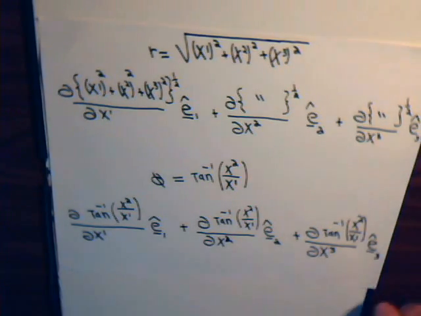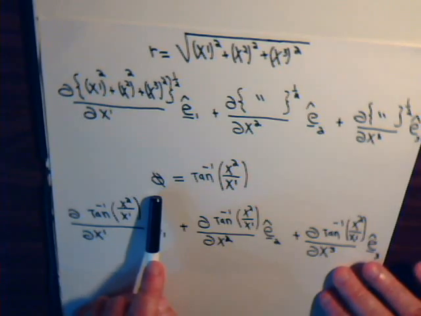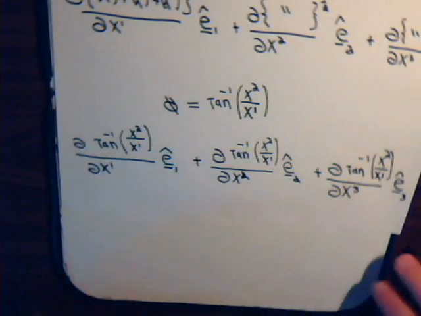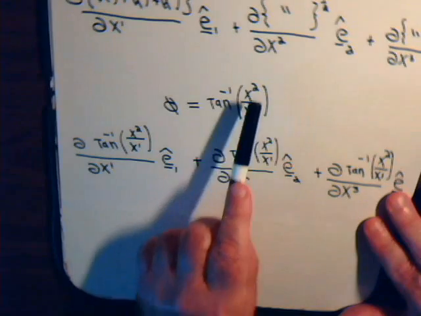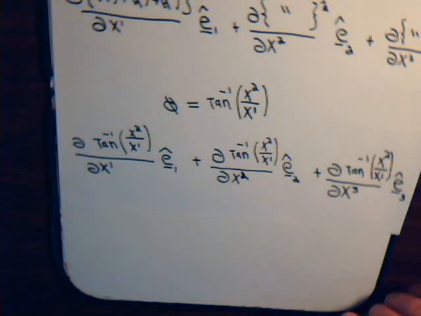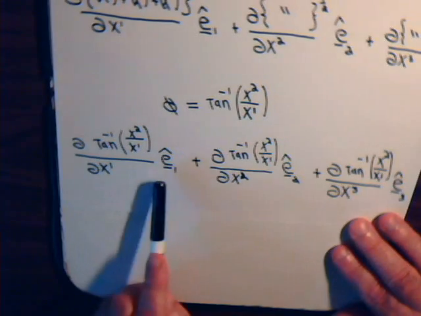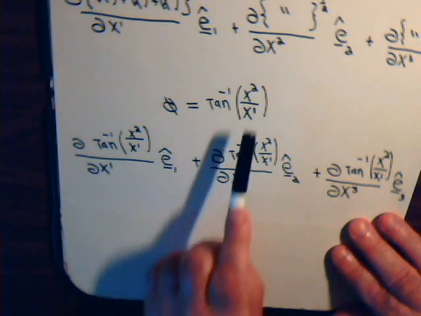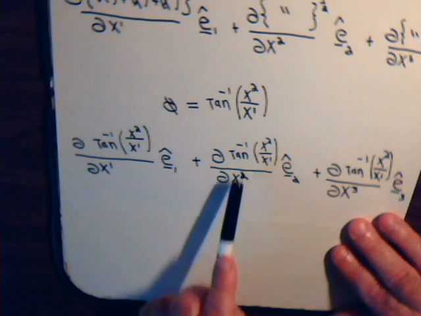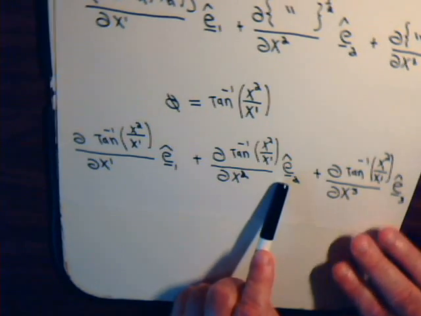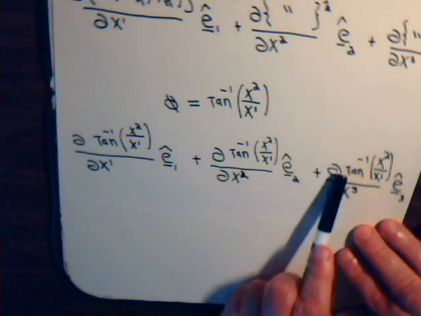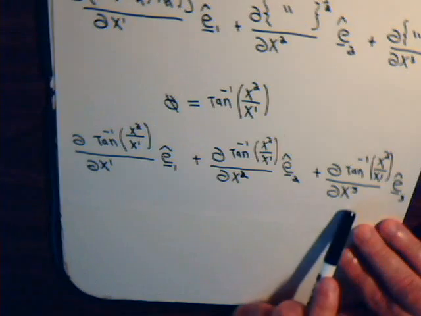Or we could take the angle psi. This is how we express it in terms of the Cartesian coordinates. We can take the partial of this with respect to x1 times that unit vector, plus the partial of this with respect to x2 times that unit vector. And we can write the expression here for x3, but of course this is going to be 0.